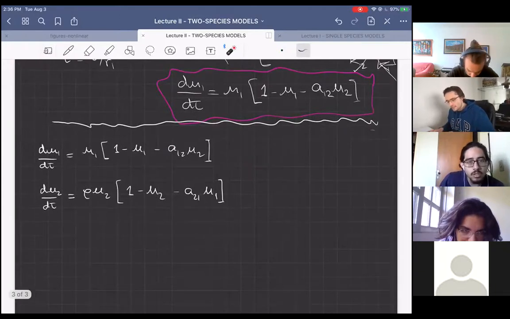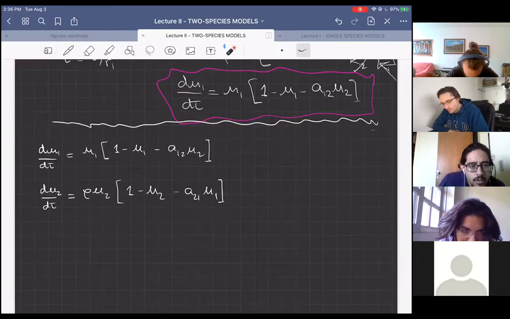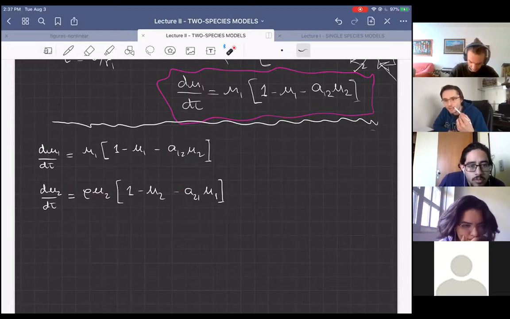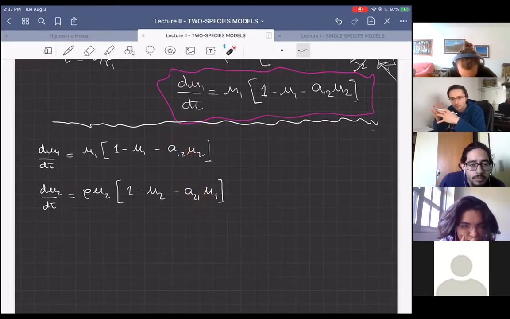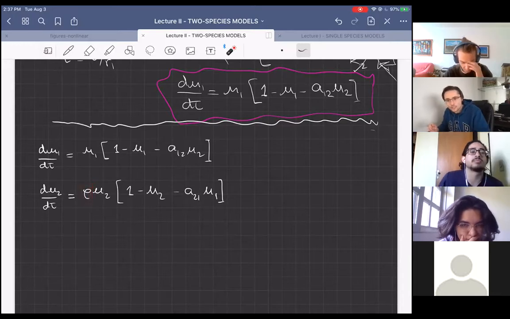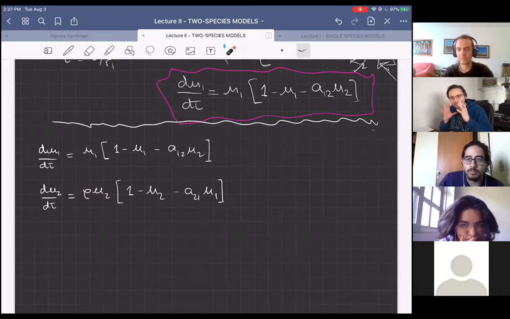The take-home message is that now we have half the number of parameters. Instead of having 6, we have 1, 2, and 3. And these parameters also have some meaning behind them. So this A12 and A21, remember, is the ratio between the strength of the competitive interactions, and this rho is the ratio between the rates of the exponential growth phase.